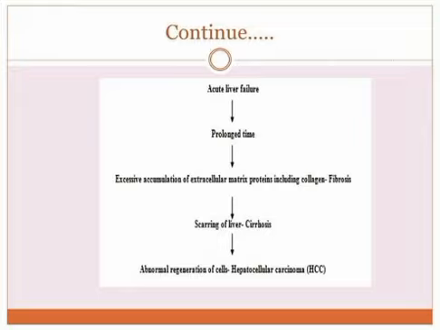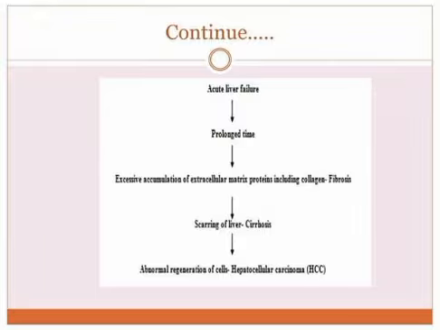In hepatitis A and E virus, it may only reach acute liver disease, but in hepatitis B, C, and D virus, it may lead to hepatocellular carcinoma. So, when acute liver failure persists for a prolonged period, it leads to excessive accumulation of extracellular matrix proteins, including collagen fibrosis.